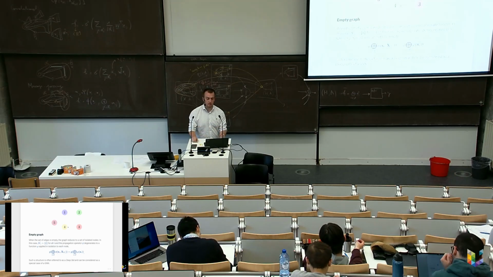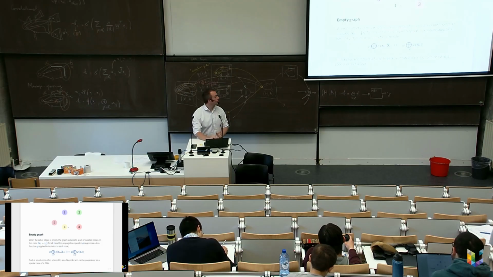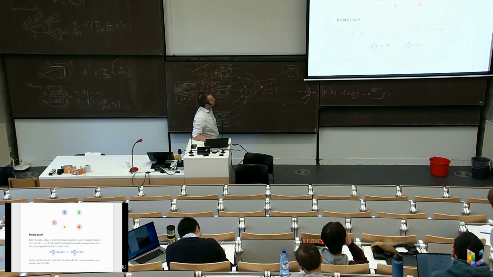You can use these GNNs as soon as you have information which is really a set of things, and you want to process this set all at once as a single object. You can use a GNN without any edges. Mathematically, when the set of edges is empty, the graph reduces to this set of isolated nodes.